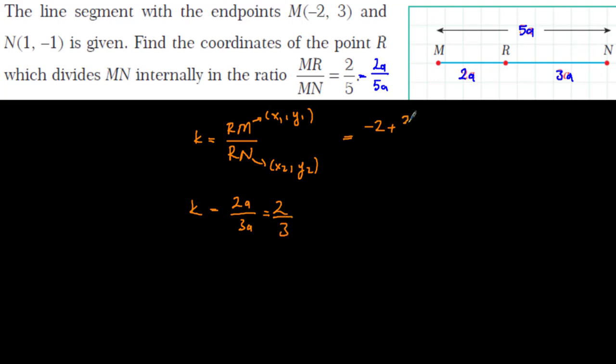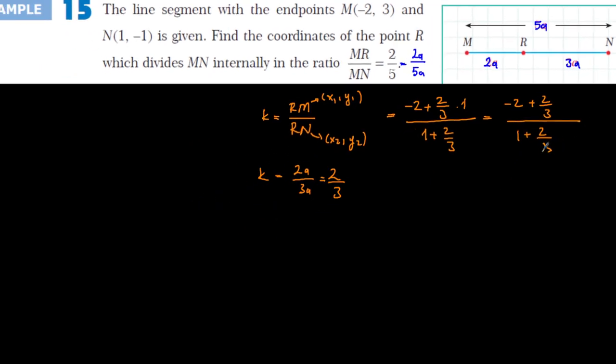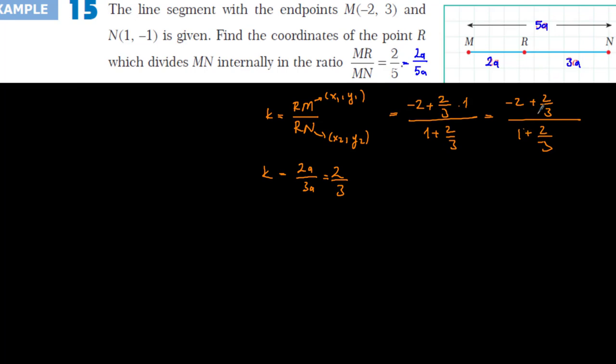Okay, let's continue with this one. The x coordinate is minus 2 plus 2 over 3 times 1, divided by 1 plus 2 over 3, which is equal to minus 2 plus 2 over 3 over 1 plus 2 over 3. Now I'm going to remind you how to add 1 plus 2 over 3.